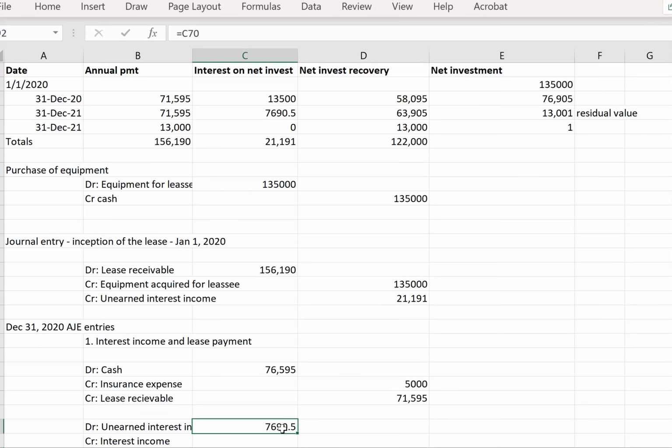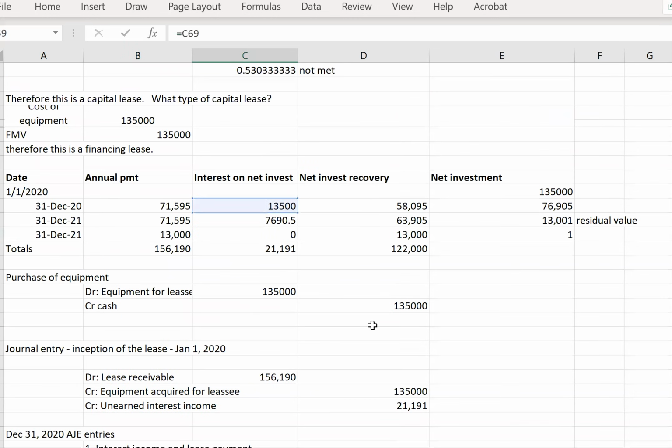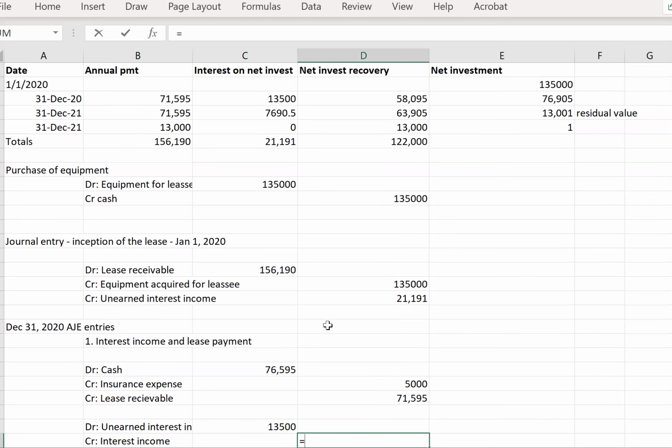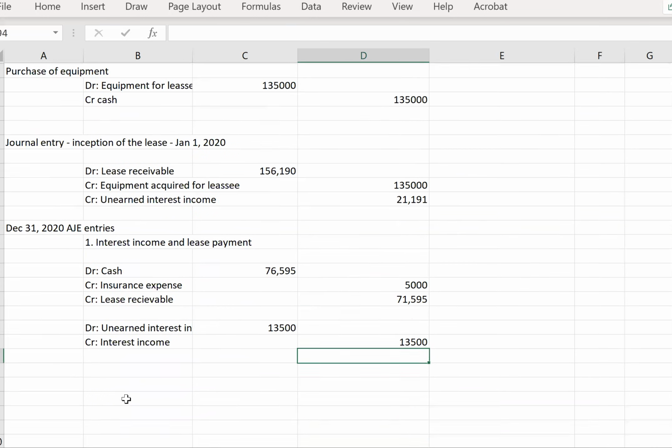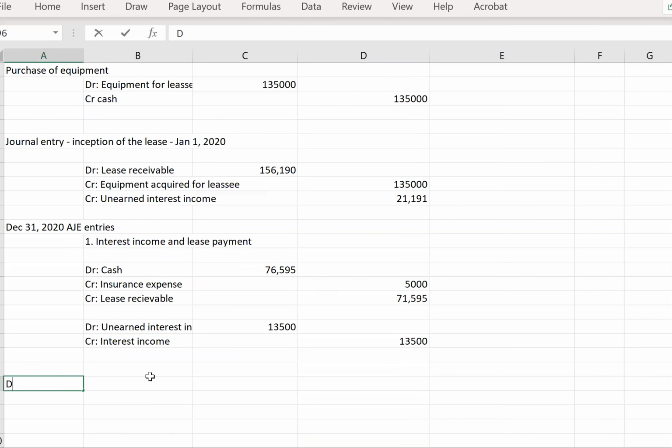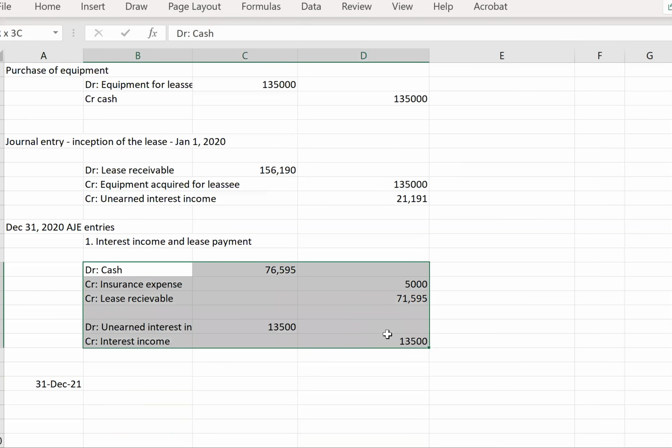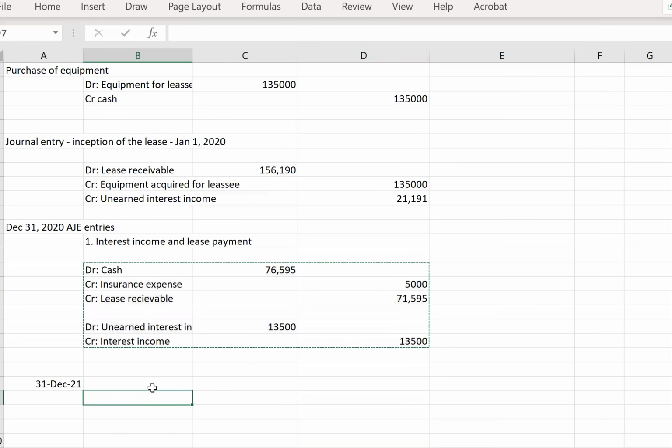Actually, sorry, we jumped a year. This amount and this amount, same amount right off our schedule there. So we've got all the numbers that we need. And for the next year, December 31st, 2021, we're going to do the same thing. We're going to have all these same entries, more or less. We'll just fix the amounts.